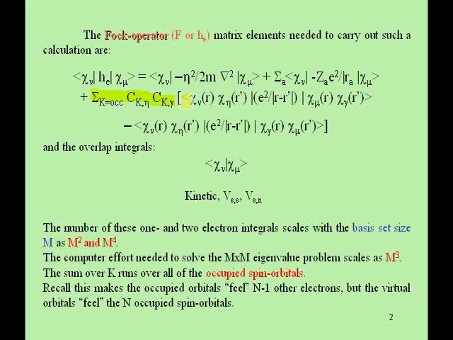But if instead you wanted to do an excited state where you had the 4 lowest orbitals doubly occupied, the 5th one singly occupied, and maybe the 8th one singly occupied, then these coefficients here, these C_k's, would have to be for the 4 lowest and for the 5th and for the 8th. So you would plug in different values here for these coefficients, therefore get a different Fock matrix, and you would do that kind of calculation for the excited state.